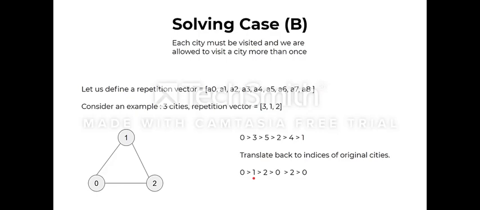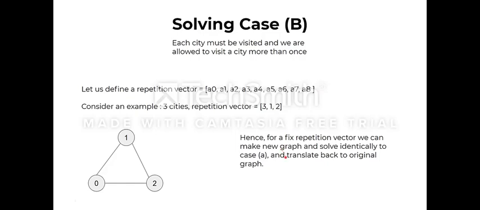Hence, we can convert our original graph into a new graph, run the same PSO which we used to solve case A, and then translate back the indices. Hence, if we fix a repetition vector, then we make a new graph and solve identically to case A and translate back.